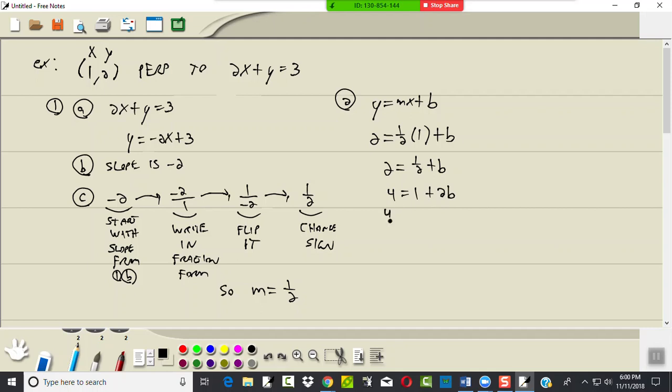Take the 1 over. And you get 3, sorry, 3 equals 2b. Divide both sides by 2. And you get b is equal to 3/2.